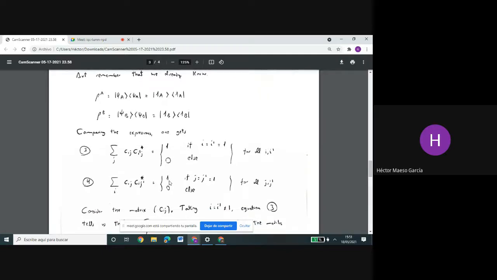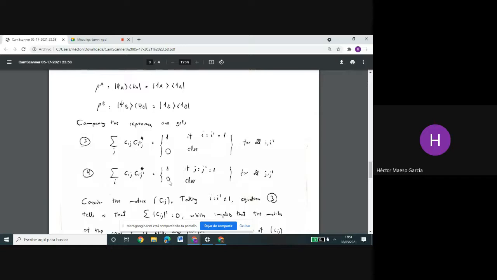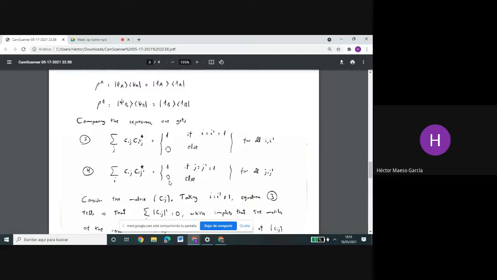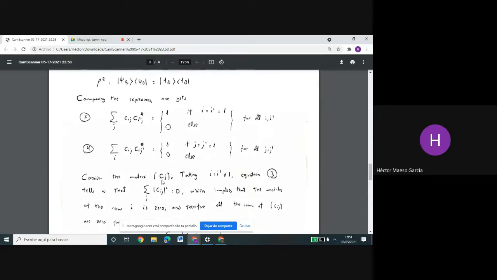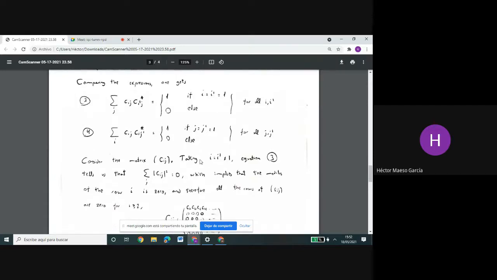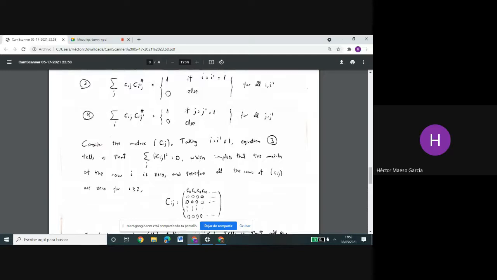When you see these equations at first, it's a bit difficult. What I have done here, I didn't see it at first, but I think once you see it, it's not very difficult. You think of the matrix Cij, and this equation here with i equal i prime and different than 1 implies that the row of the matrix Cij is 0.